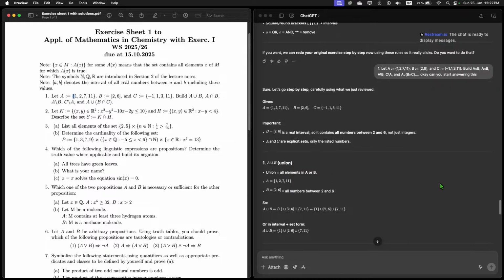Now I'll do this on my own first. A union B, then A intersection B, and a lot to do. A set difference B, and C set difference A, and A union B intersection C.